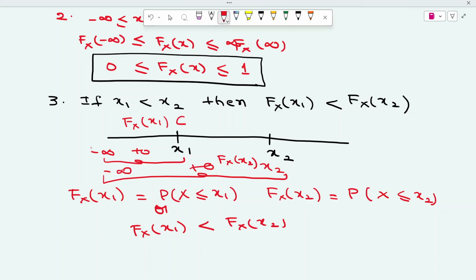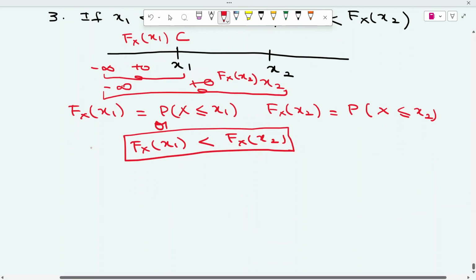This is a subset of that. So this is the third property proof.